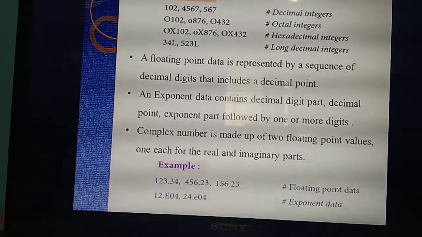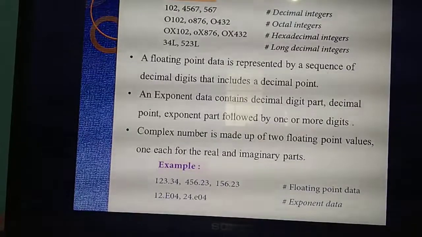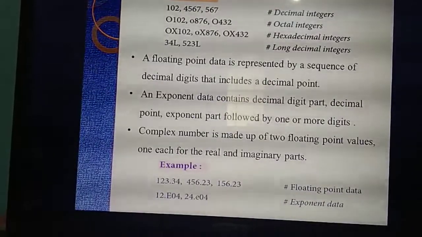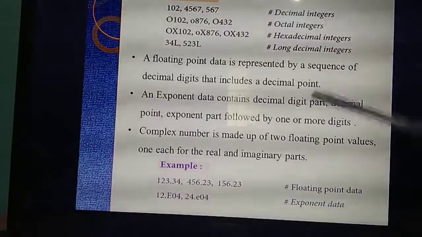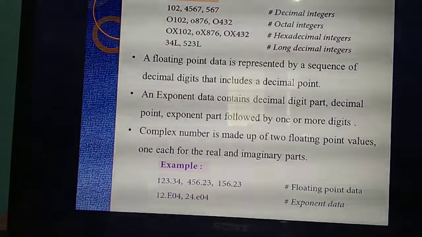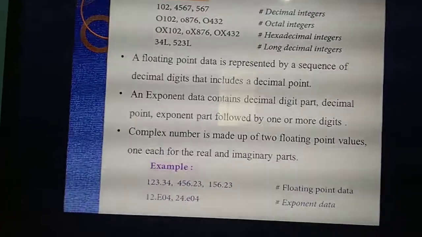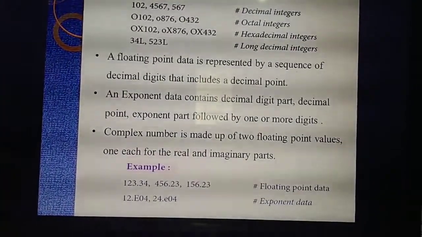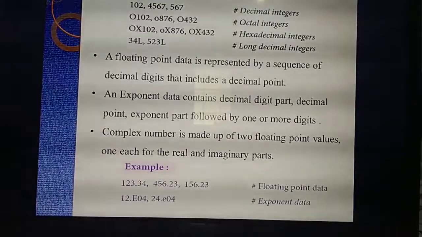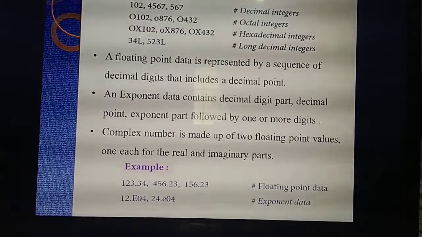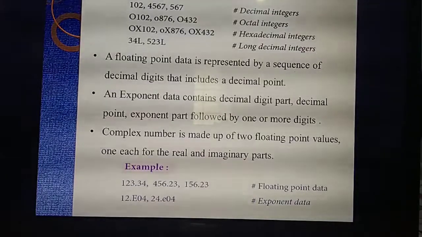Understand this, because they will ask it separately. Sometimes they will ask what do you mean by floating point data? What do you mean by exponent data? What do you mean by complex number? So you should study this thoroughly. Understand and study. So which numbers do we call floating point data? The collection of point numbers, that means a collection of decimals. A number that comes with a decimal point, we call that number a floating point.